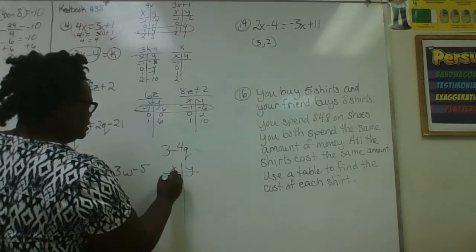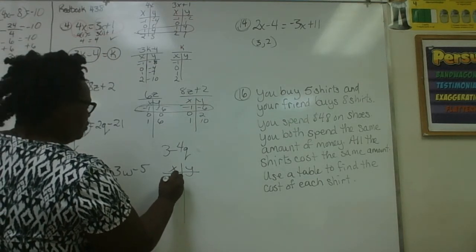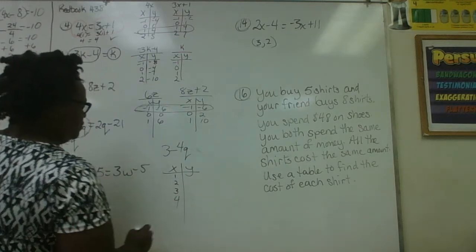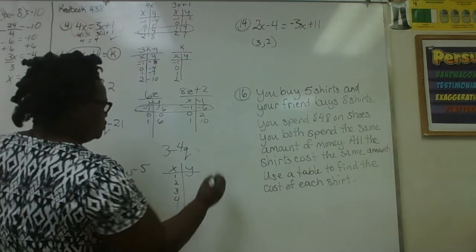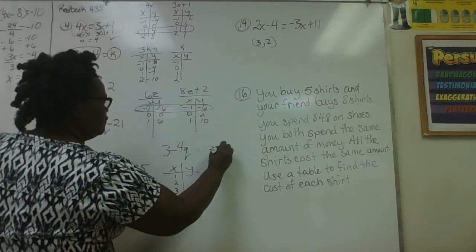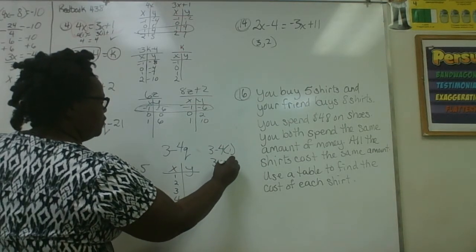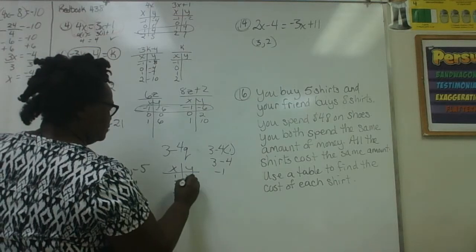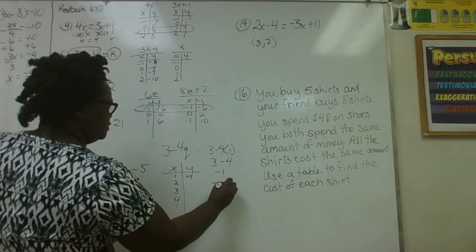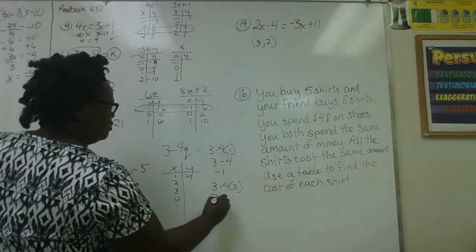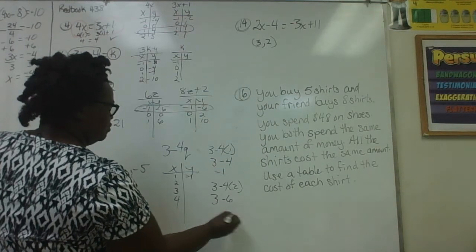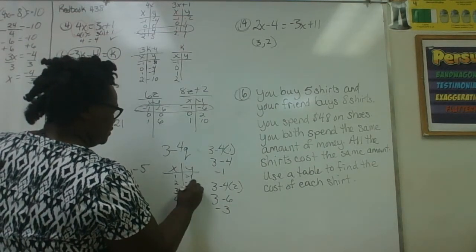So when x is 1, 2, 3, and 4, okay? So let's work with it. 3 minus 4 times 1, that's 3 minus 4, which will give us a negative 1. Okay, 3 minus 4 times 2, that's 3 minus 8, which will give us a negative 5.